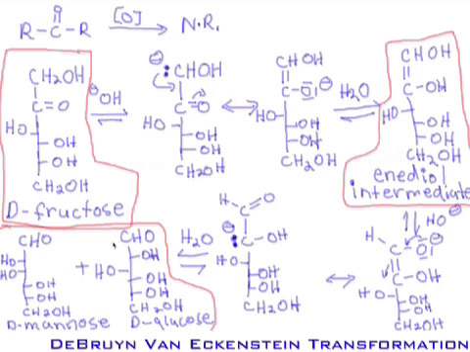It converts to D-mannose and D-glucose via this process of tautomerization. And D-mannose and D-glucose are what react. So D-fructose, a ketose, is a reducing sugar because it can convert in base to the aldose sugars.